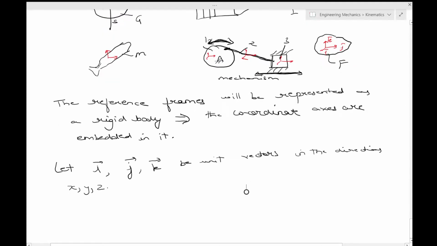I'll come back to this definition which we had over here, this F1. These vectors are constant.